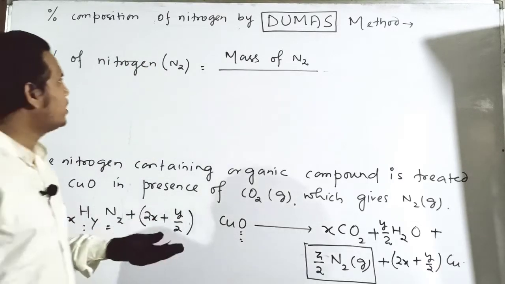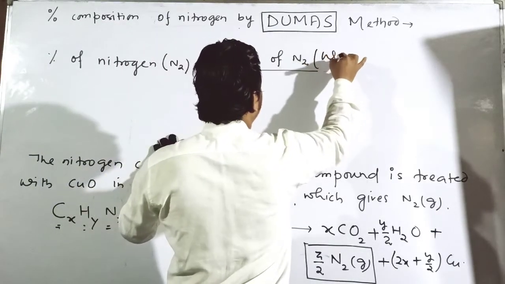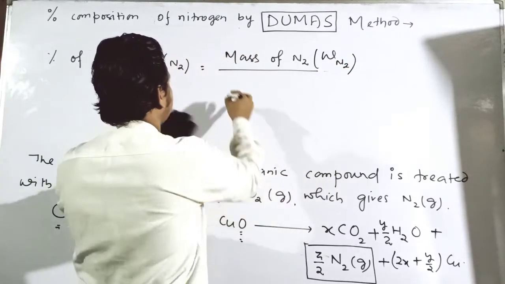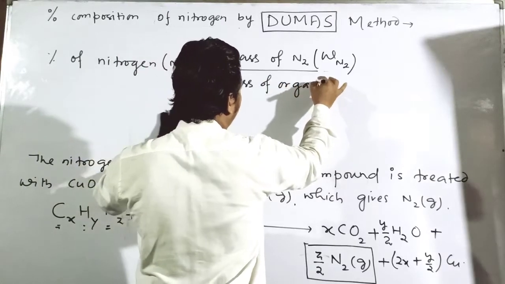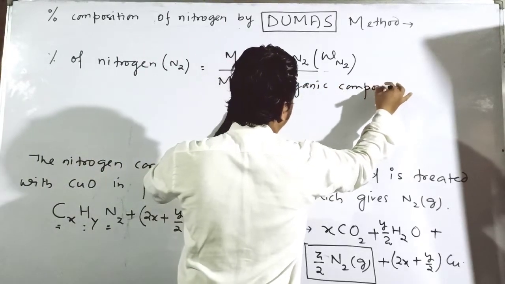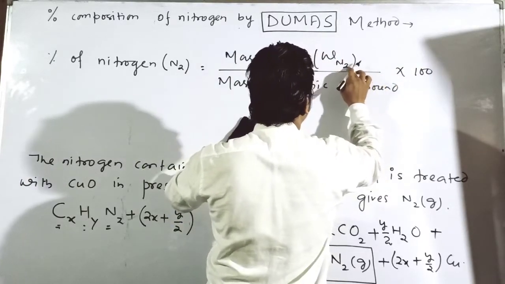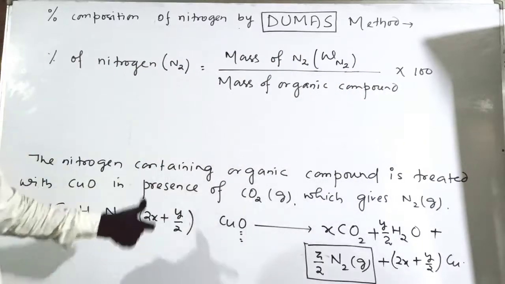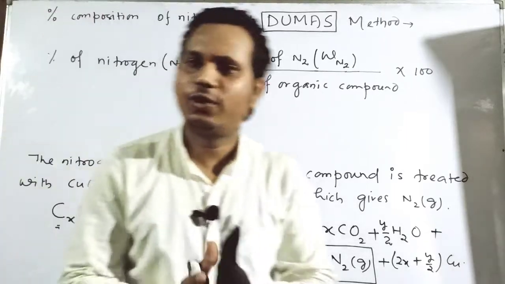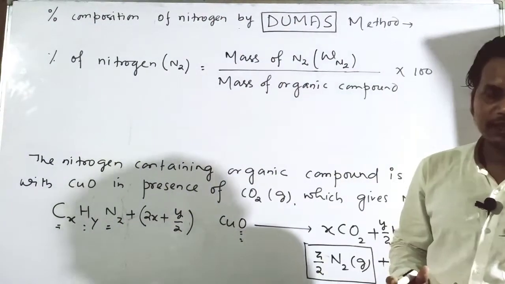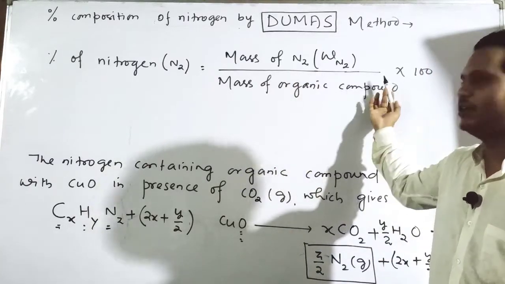So it is the given mass of N2 by total mass, where total mass means the mass of the organic compound, multiplied by 100. This will give us the percentage composition of dinitrogen gas. The normal formula: whose percentage is to be determined, their mass divided by total mass into 100.